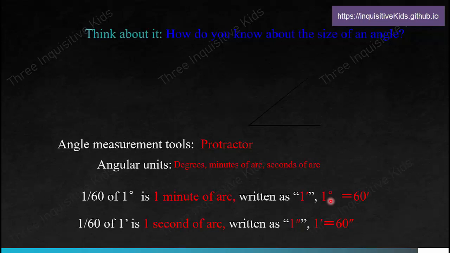So 1 minute of an arc is equal to 60 seconds of an arc. Lots of words. Hope you get what I mean. So let me ask you a quick question. How many seconds of an arc are in 1 degree? Well, you multiply the 60s together, which is 3,600.